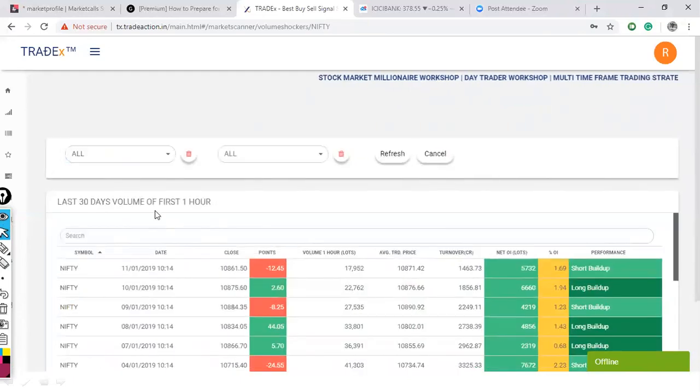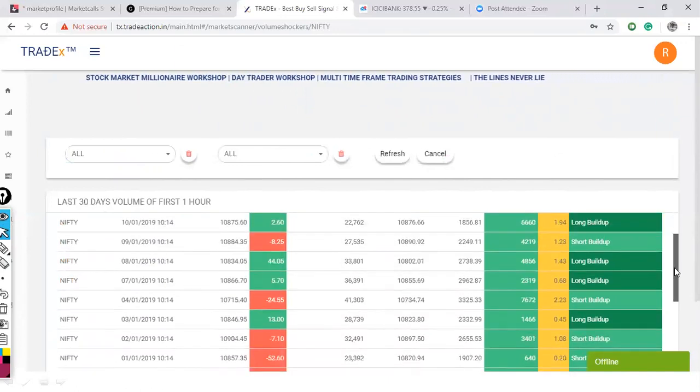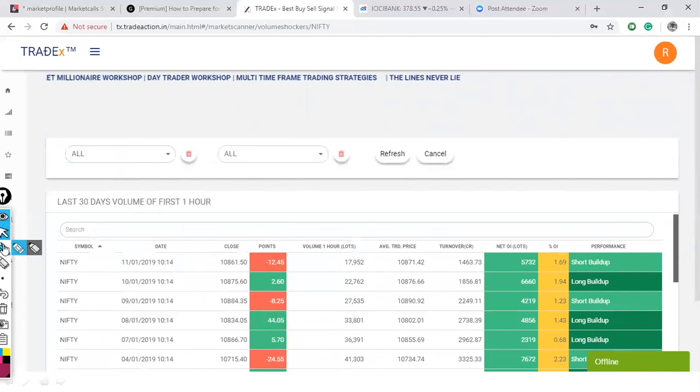So this is Nifty. Each and every day, the first 1 hour volume is recorded over here. You can see usually the volume will be around the first 1 hour itself. You'll be able to know what quantum of buying or selling is happening over here. So usually these are very low turnover records.